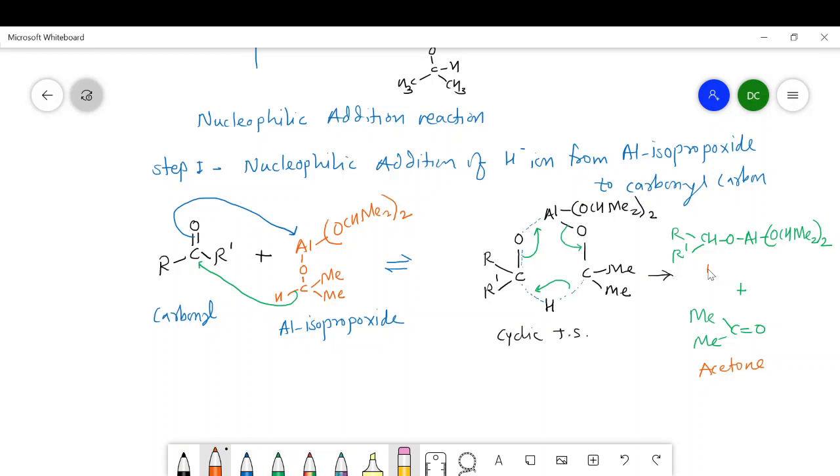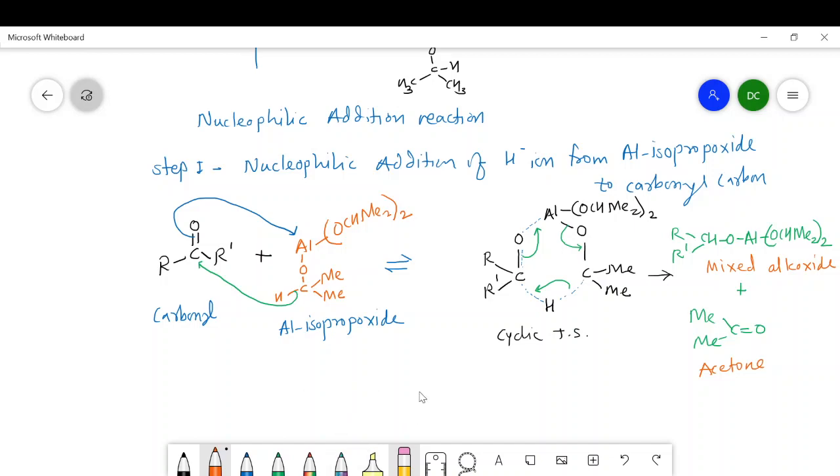Now, one hydrogen came from the aluminum isopropoxide, that is the basic catalyst, and the second hydrogen came from the solvent used in this reaction, that is isopropanol. So the second step involves transfer of hydrogen from isopropanol to the mixed alkoxide.